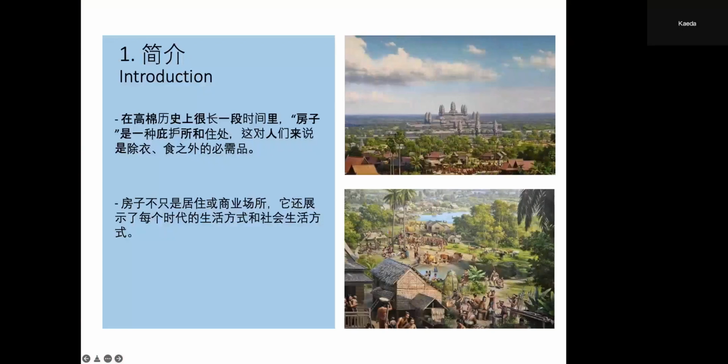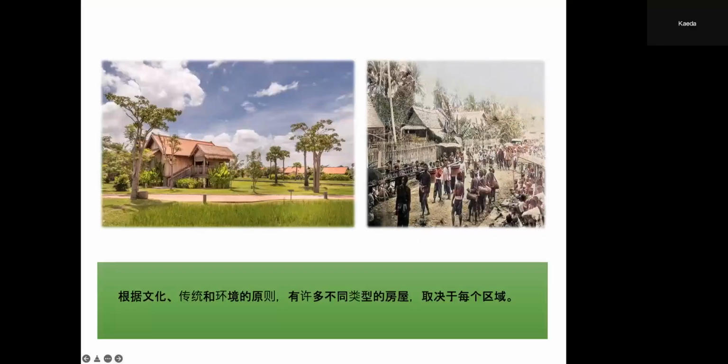The Khmer house reflects the livelihood and the way of living in society in each era as well. The different types of Khmer houses depend on the area, principles and the environment in each era.